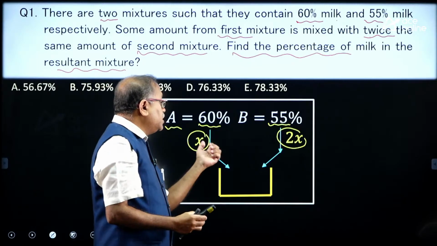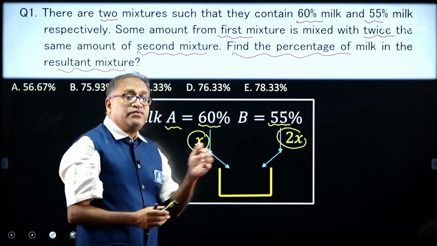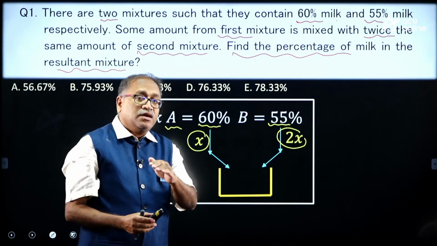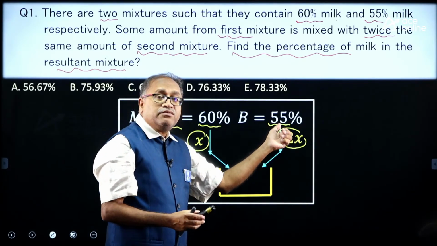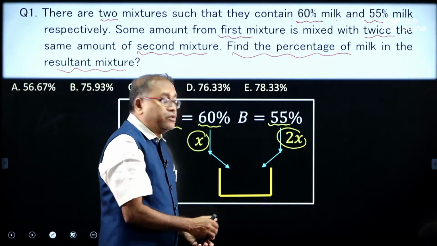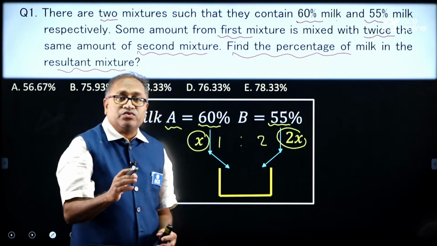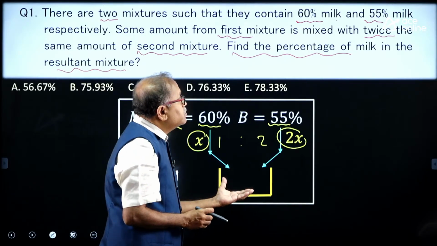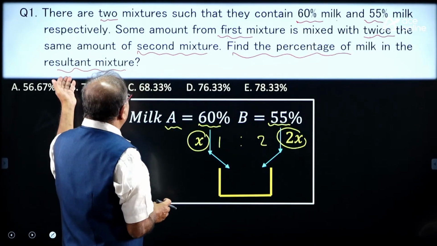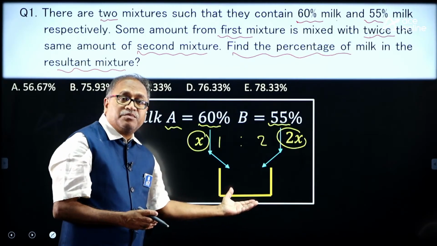If it is 1 part, then it is taken 2 parts, and in the first one we have 60% milk and in the second one we have 55% milk, and these two are mixed in the ratio 1:2. So, finally, the question asked is, find the percentage of milk in the resultant mixture.